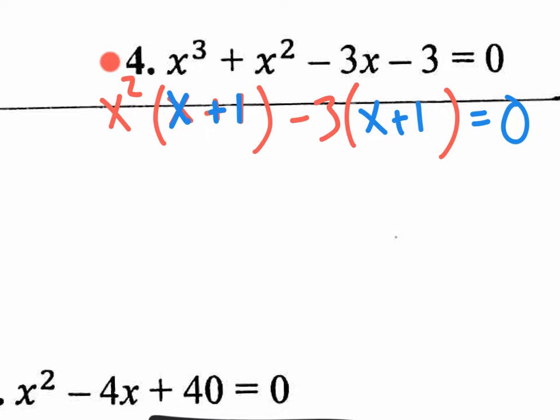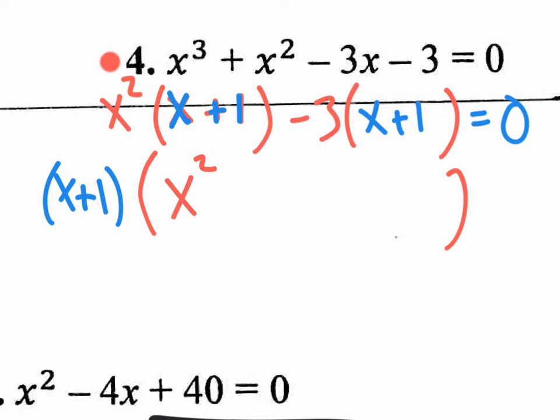So we're going to factor by grouping. We're going to pull out the common x plus 1. And what would be left is the x squared right here without the x plus 1. You just bring that down. And we also have left a -3. Just bring that down. So you really have x plus 1 times x squared minus 3 equals 0.